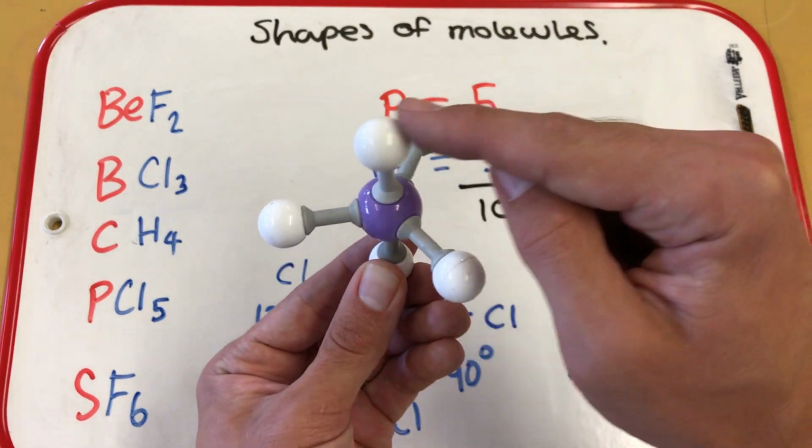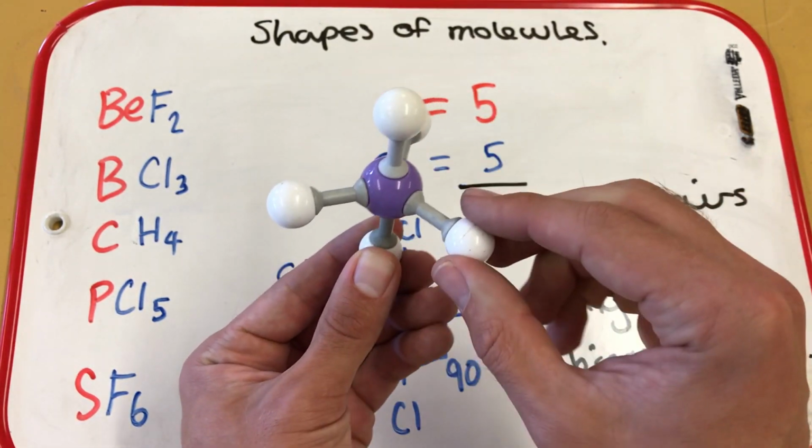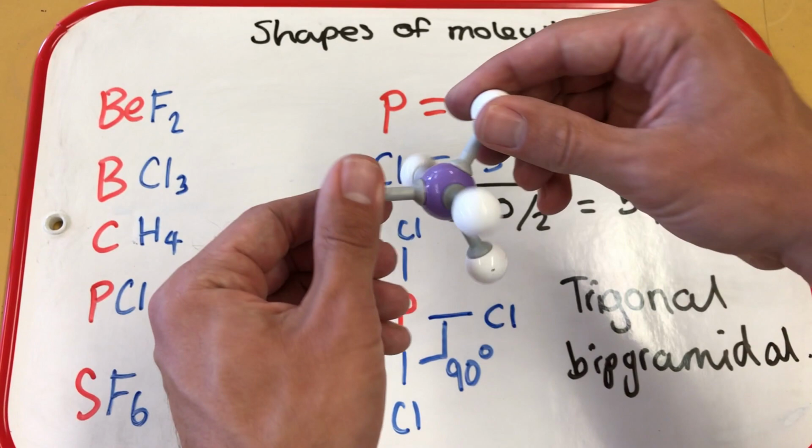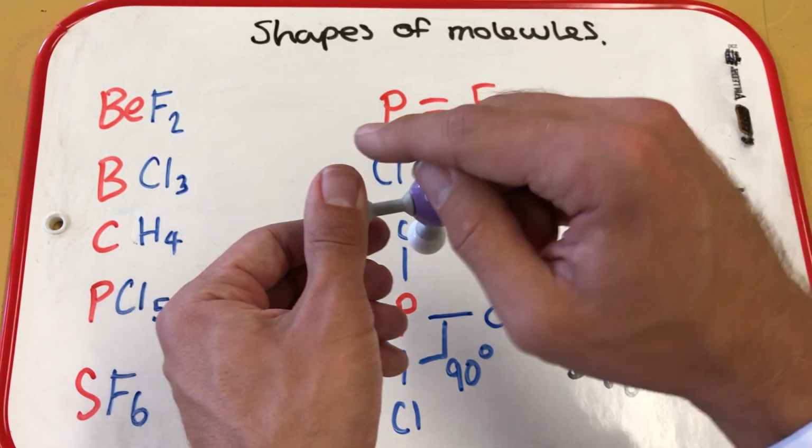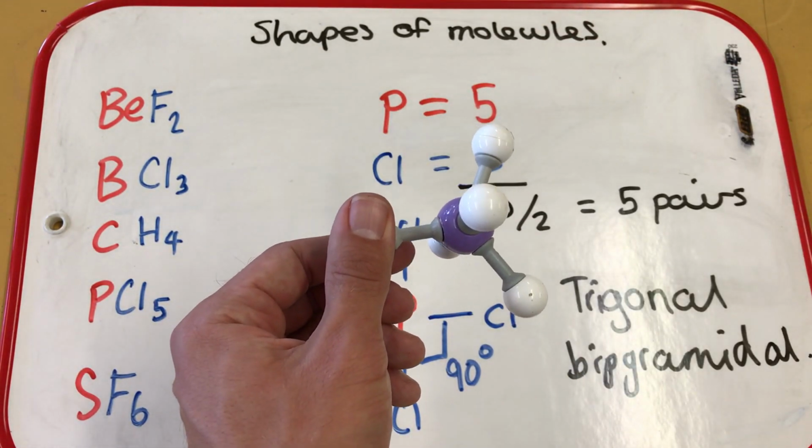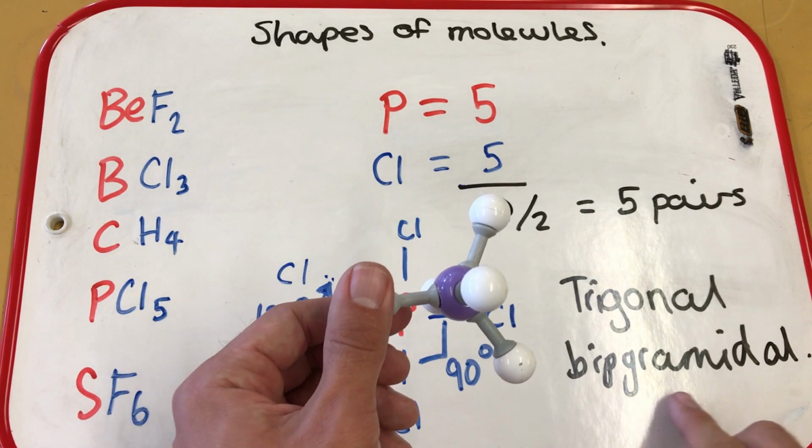If we look down, so we've got the pyramid on the top there, and then we've got the same thing underneath. We've got the pyramid here. So it's a double pyramid. So bipyramidal.